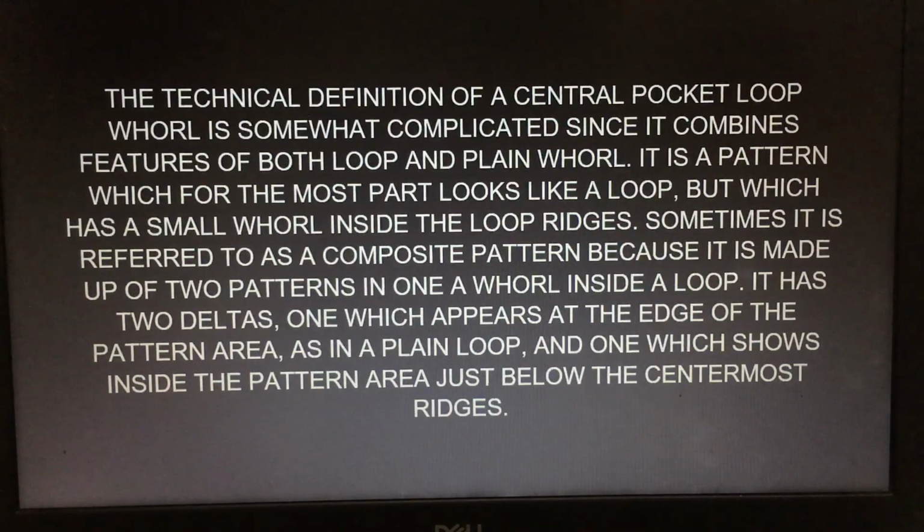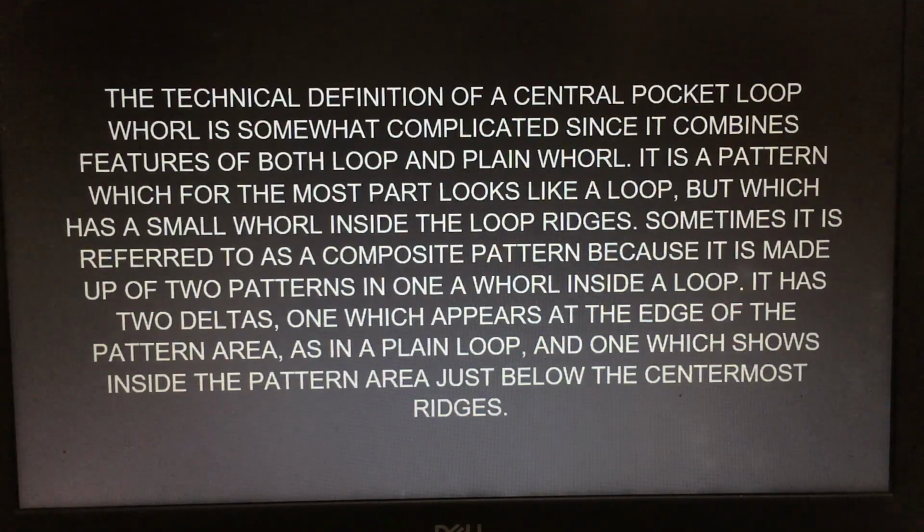The technical definition of a central pocket loop whorl is somewhat complicated since it combines features of both loop and plain whorl. It is a pattern which for the most part looks like a loop, but which has a small whorl inside the loop ridges.